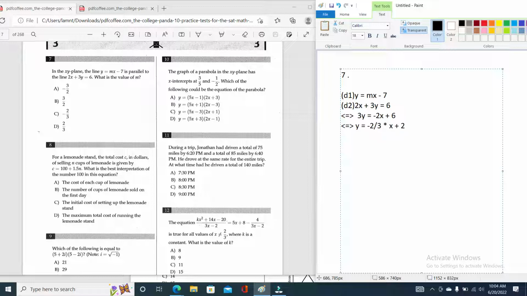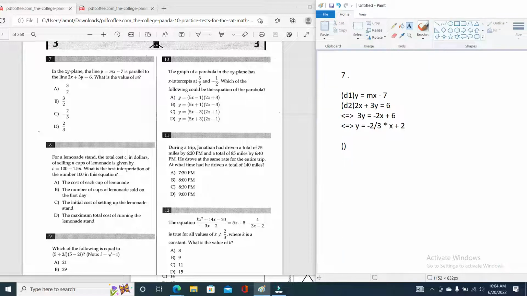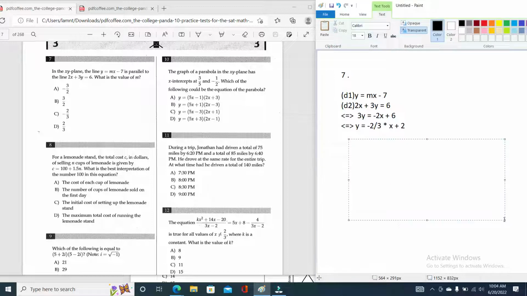Because d1 and d2 are parallel, their leading coefficients have to be the same. So because d1 is parallel to d2, m has to be equal to minus 2 over 3.